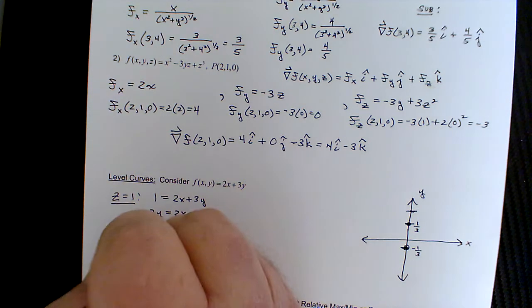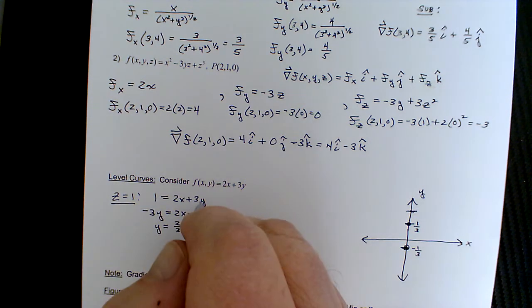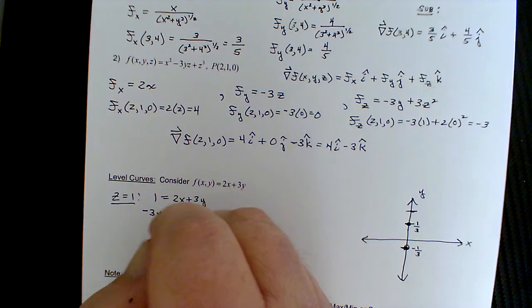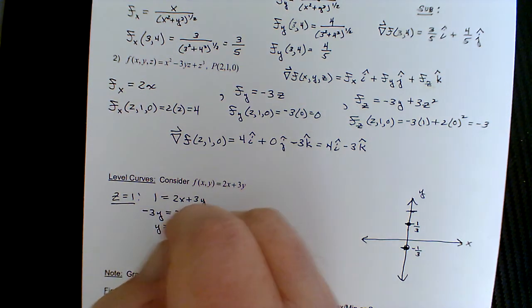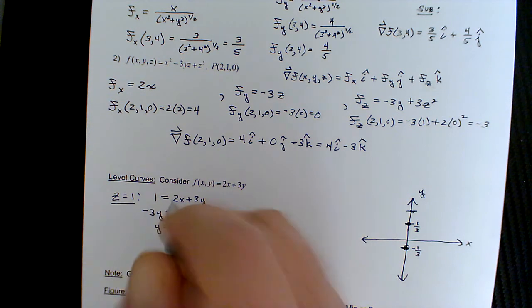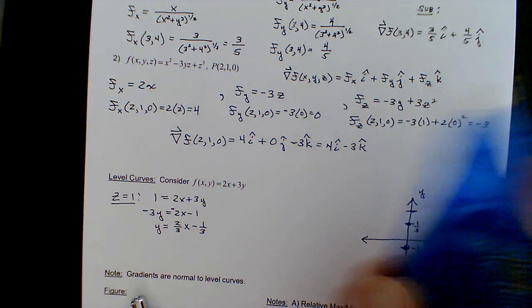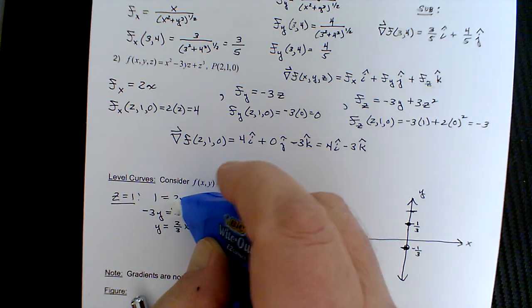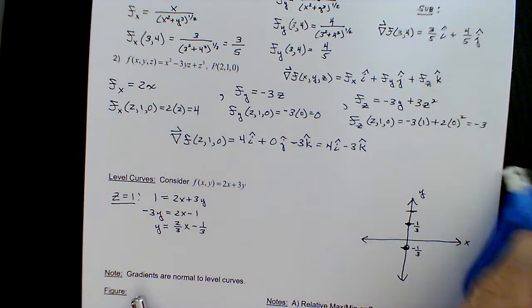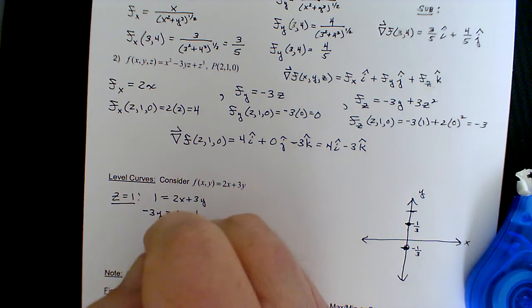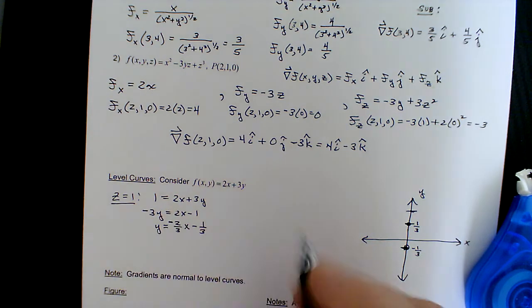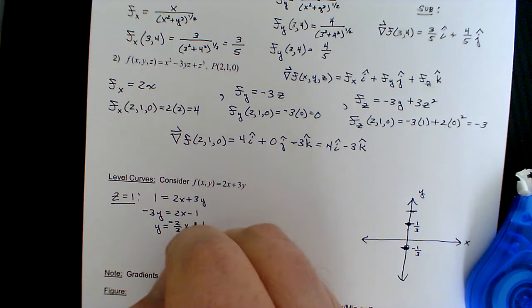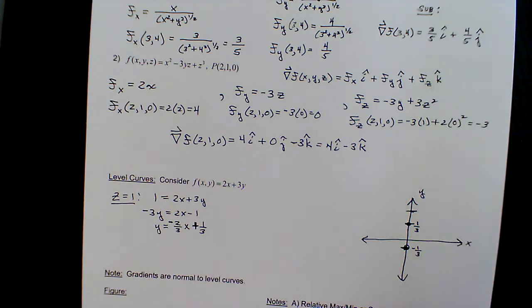Oh, made a mistake, sorry. This would be a negative 3y, equaling 2x minus 1, and then when we divide by the negative 3, we get negative 2/3 x plus 1/3. Okay, so my mistake.